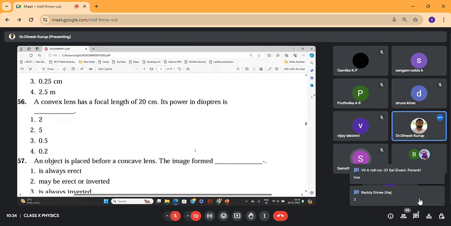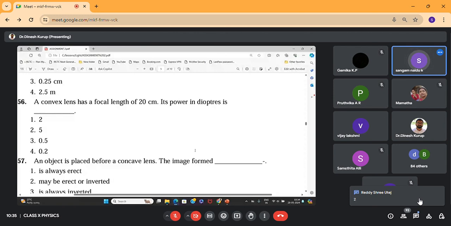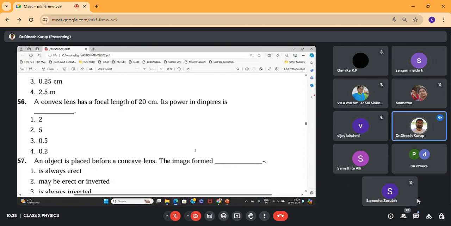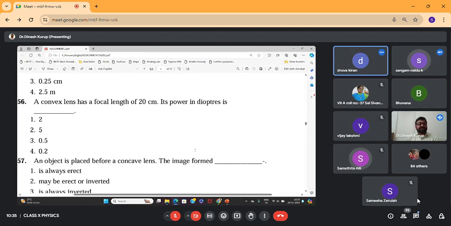A convex lens has a focal length of 20 centimeters. Its power in diopter? Focal length is 20 centimeters. You have to convert centimeters into meters, then take the inverse. So 0.2 meters.